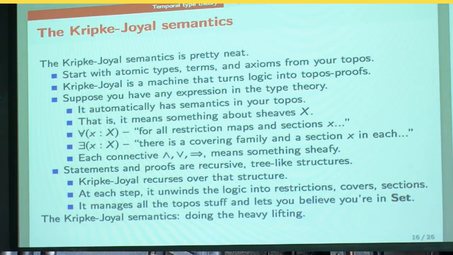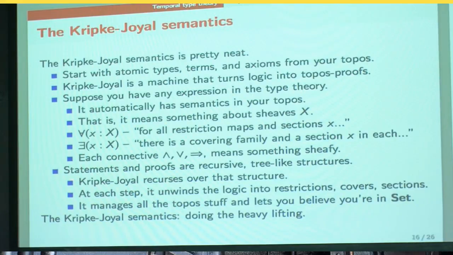And all sorts of stuff that happens in the topos is being encoded by just these language rules. And when you write down this take an x and let y equal and stuff that you think you're acting set theoretically, this is translating it into all sorts of things about taking covering families and restriction maps and all the various things that are going on for sheaves. Each connective means something in that sheafy world.